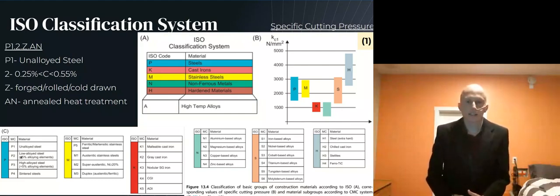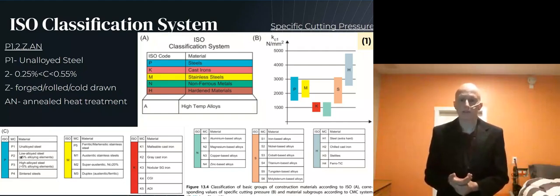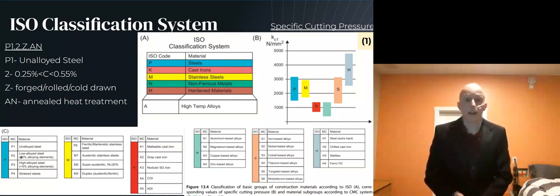This classification system is a good starting point for determining cutting conditions such as specific cutting pressure, as you can see on the table on my right, where there's the subscript C1 on the K, or for choosing an initial cutting speed.